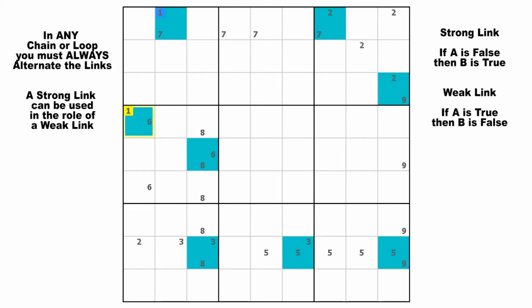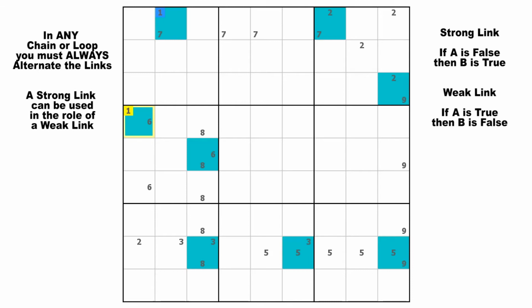If you are linking several BVCs in a row, and each time you are using the internal link as a strong link, then all you need to look for is another BVC with that common candidate, and you can connect it without having to examine it. You don't have to worry whether it's weak or strong. It can be either. As long as it's the same digit in a different cell in the same house, it will work. The strong links will all be within the cells, and the weak links will all be between the cells.